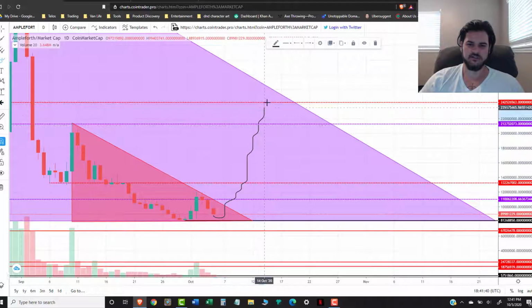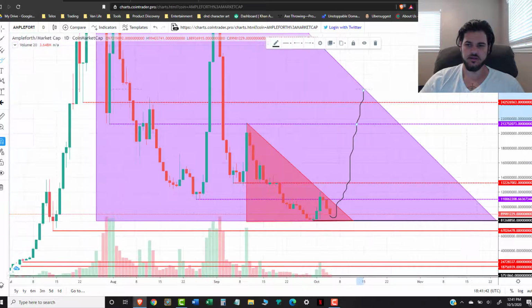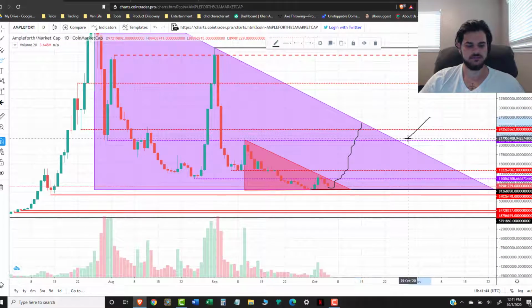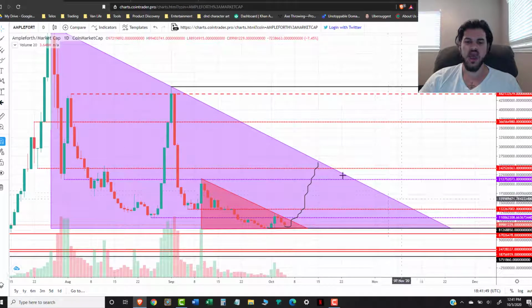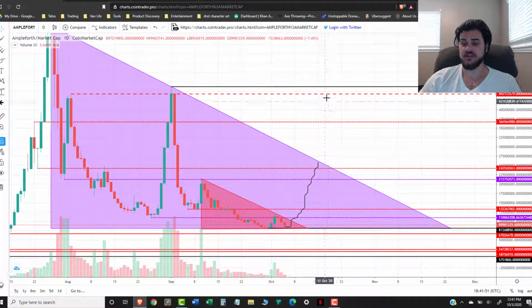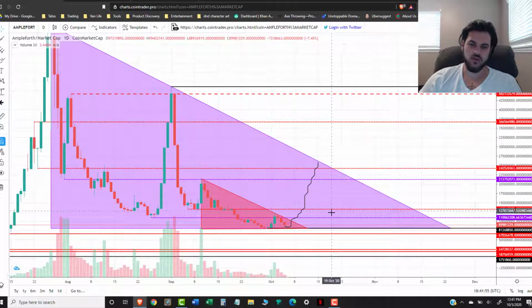But our best case scenario, I feel, is coming up and testing the weekly descending triangle. I would be pretty surprised if we do anything higher than that, and I'd probably be even surprised if we get up all the way there. I would expect one of these resistance lines to show impact.